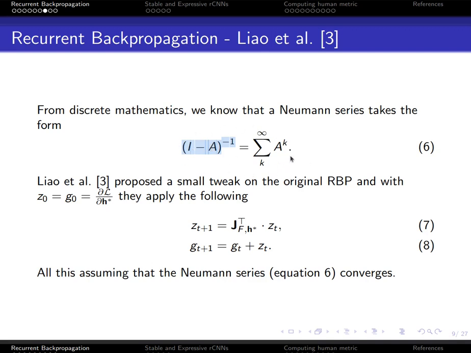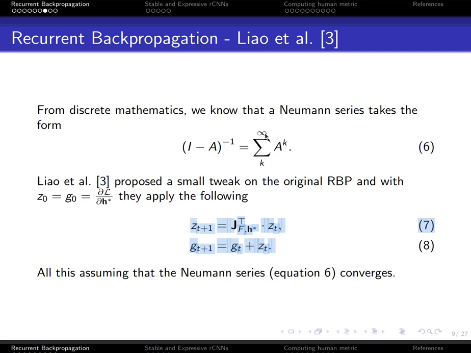So they plug this in and they propose a new fixed point iteration where these two equations rule that fixed point iteration. And they say that as long as the Neumann series converges, the algorithm or the model during training will converge.